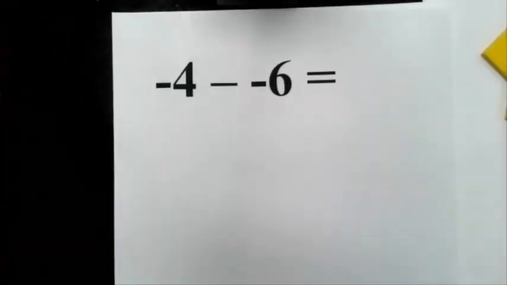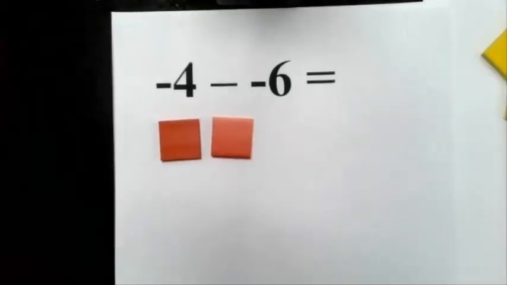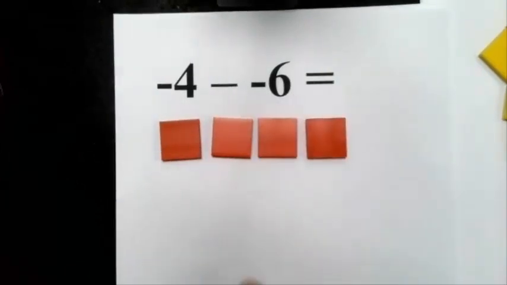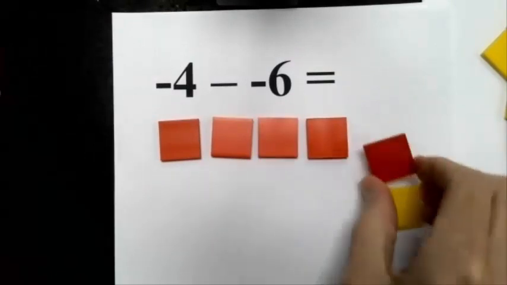This problem looks similar to the previous one. However, the minuend and subtrahend have traded places. The minuend is -4. I need to take away 6 red tiles. I need to go to the cloud and bring down some 0 pairs.